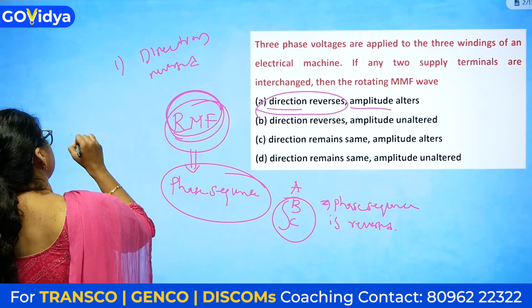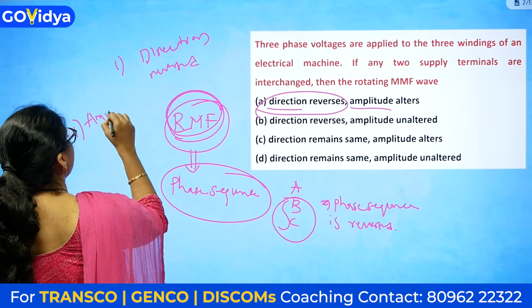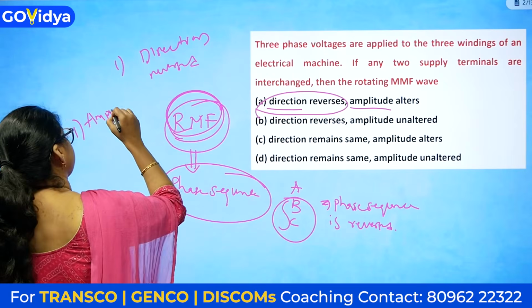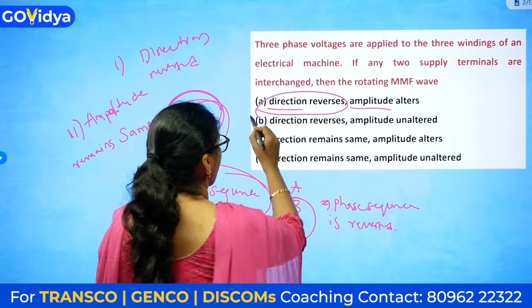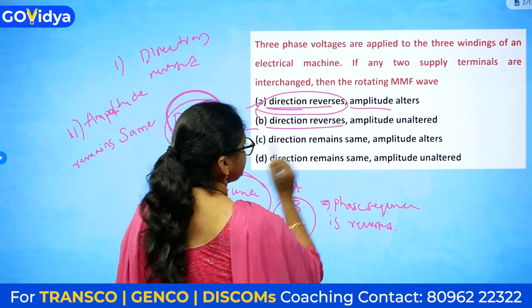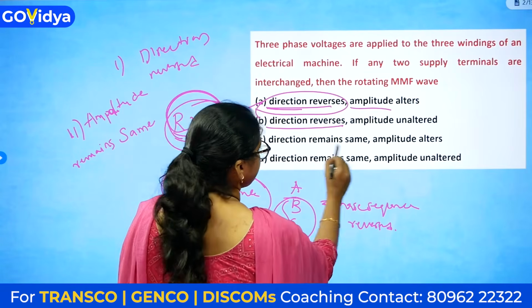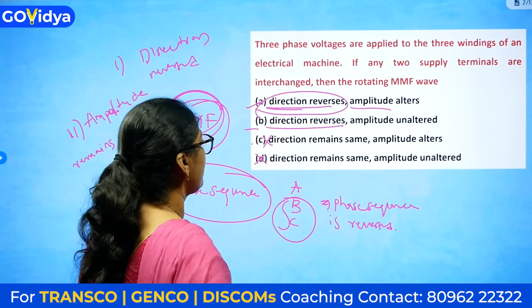The second one is amplitude remains the same. Unaltered means remains the same, altered means changed. In option A, the direction reverses. In option B, the direction also reverses. In options C and D, the direction remains the same, so options C and D are wrong.